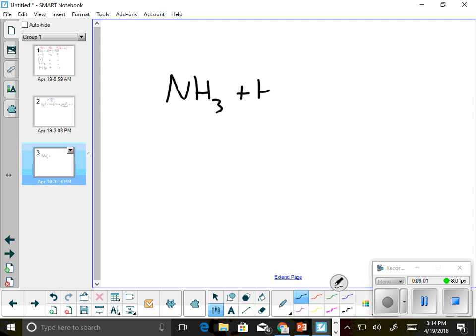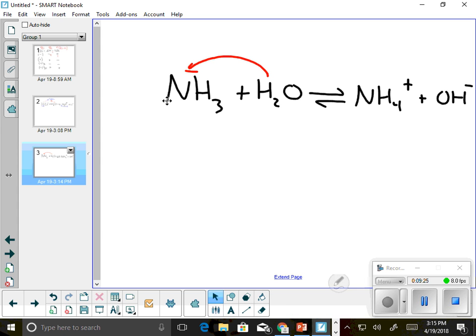When ammonia is put in the presence of water, what's going to happen is water is going to have a hydrogen be attracted to the NH3. So it's going to accept an H plus to make NH4 plus, and if water loses an H plus, it becomes hydroxide.